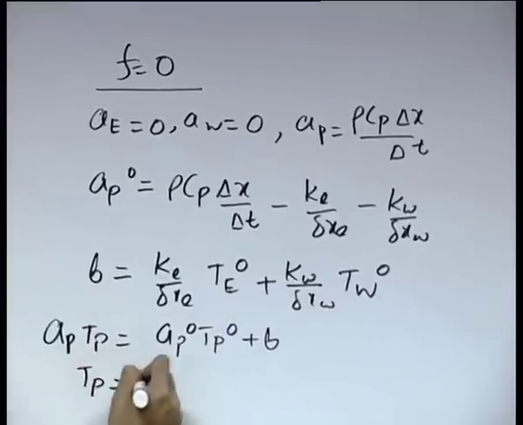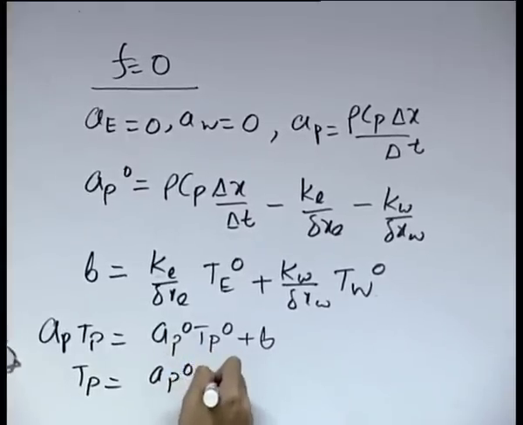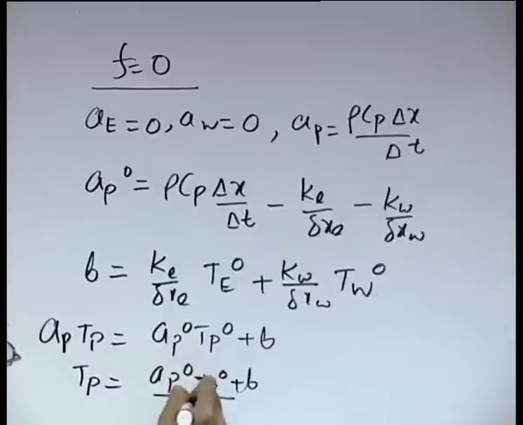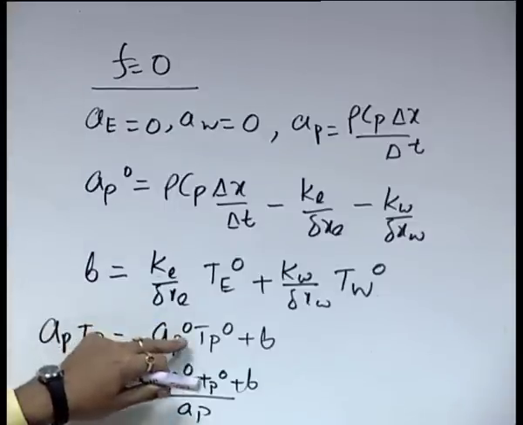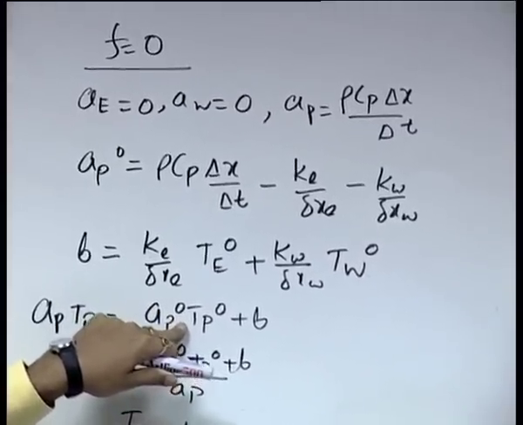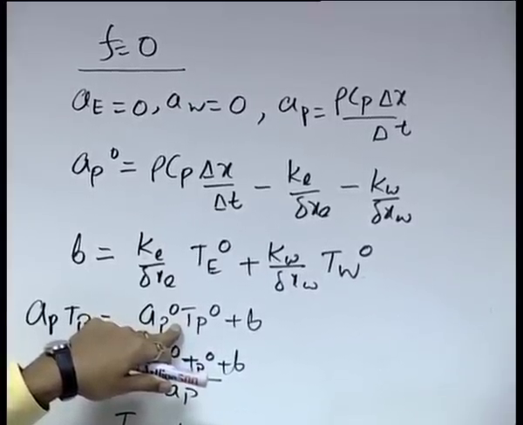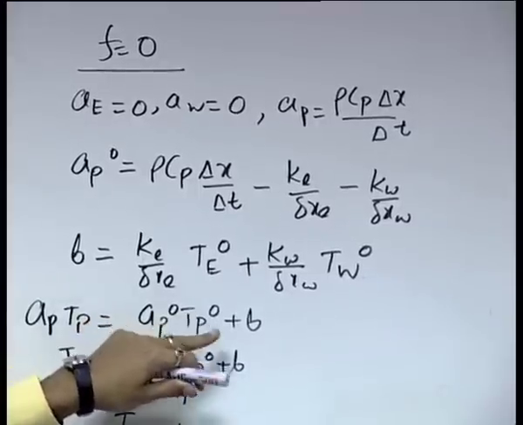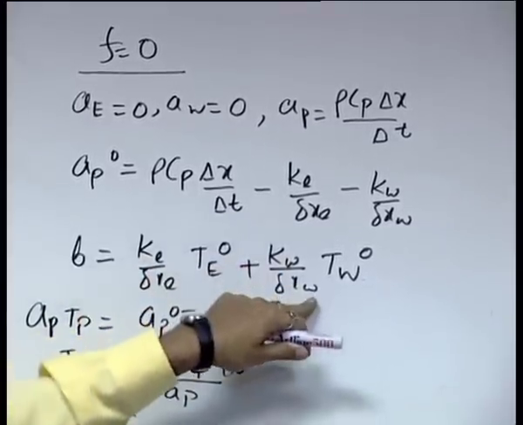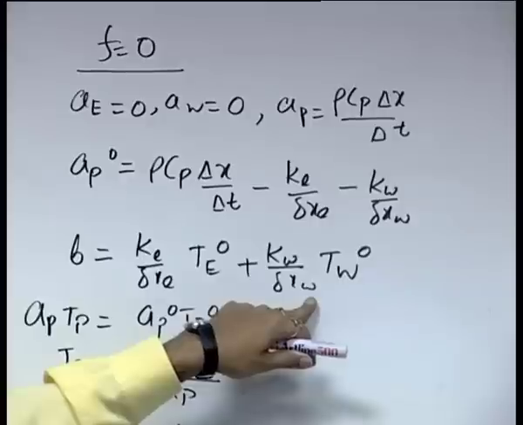So, TP you can explicitly express in terms of T at the previous time step. In this TP0 you have temperature at the point P at the beginning of the time step, that is at the end of the previous time step. In B you have Te0 and Tw0. So, what do you infer from here?